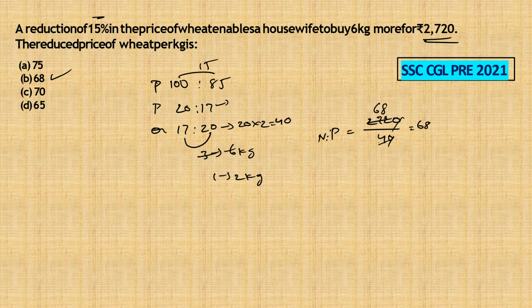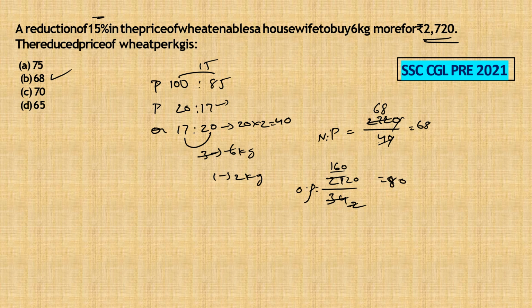And what is the old price? 17 ratio, 17 2s are 34, they were getting 34 kgs for 2720. If you cancel it by 17, 2s are 2, 17 6s are 102, and the original price was 80.